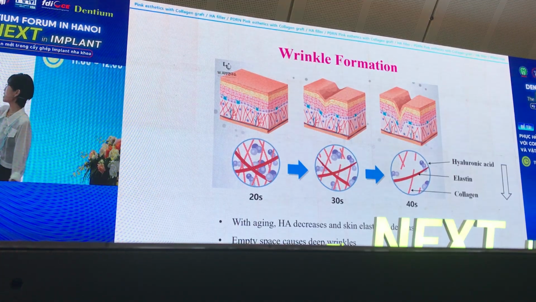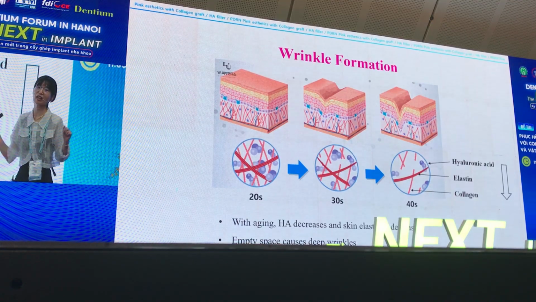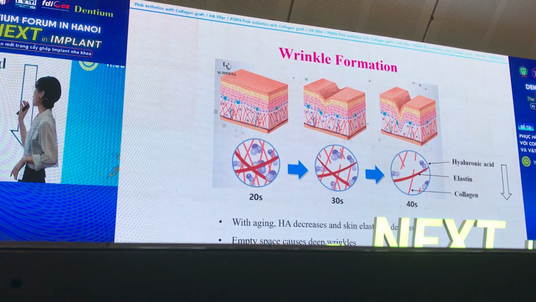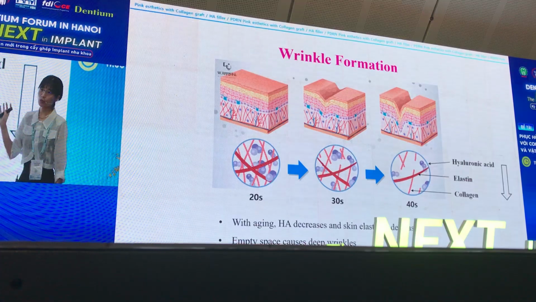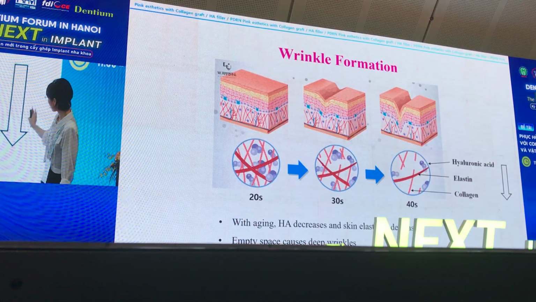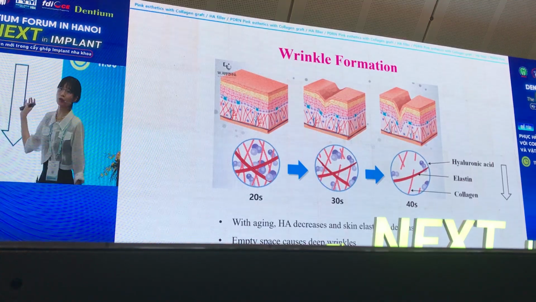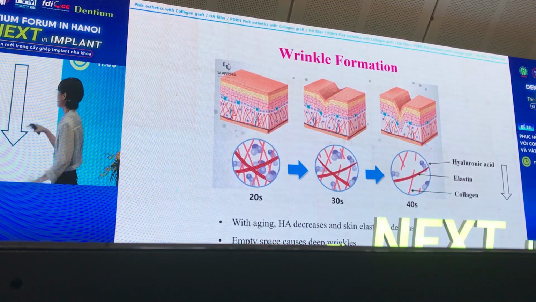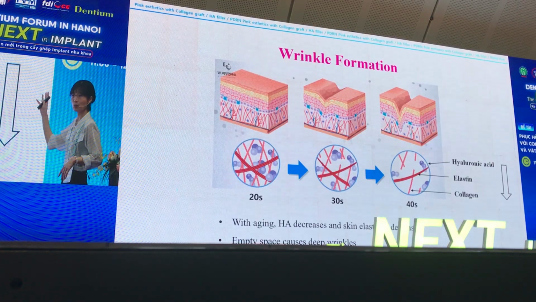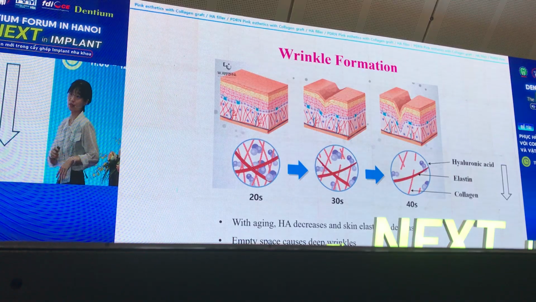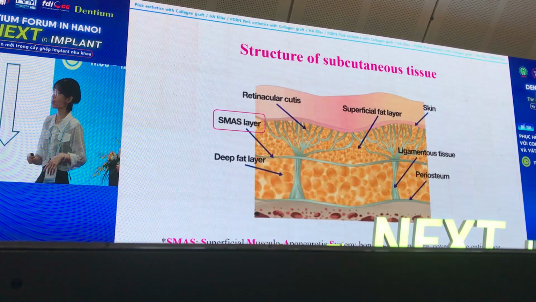In young age, there is no problem because there is plentiful HA and also elastin and collagen. But with aging, the content decreases and skin elasticity also decreases. So the empty space causes the deep folding, which means the deep wrinkles, right? So it makes us the old face.